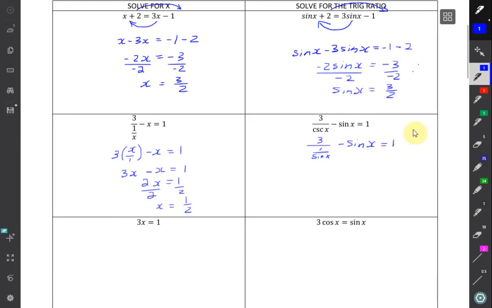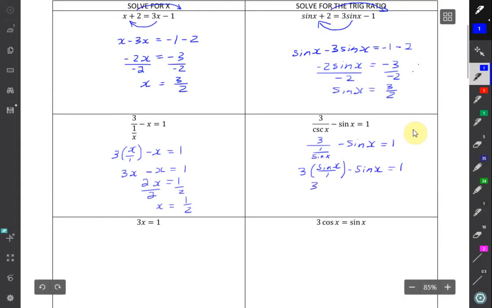Now this question looks very similar to the linear equation on the other side. So we're going to use the same strategy. I'm going to invert and multiply. So I have 3 sine x over 1 minus sine x is equal to 1.